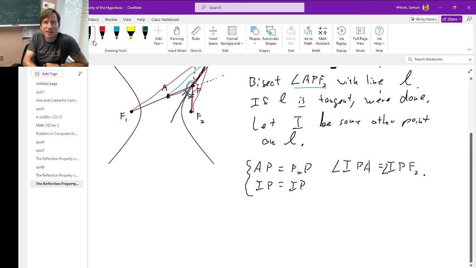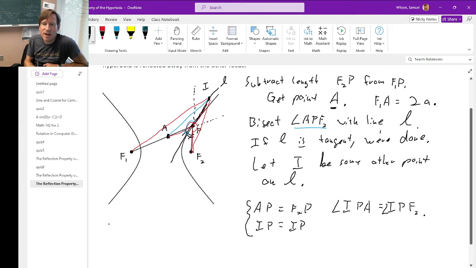This means that the triangle from I to P to A is congruent to the triangle from I to P to F2.